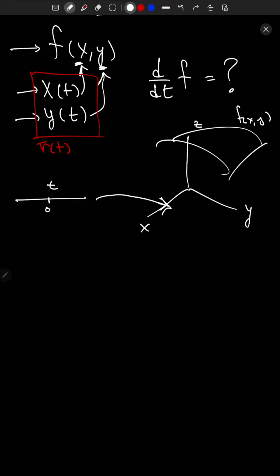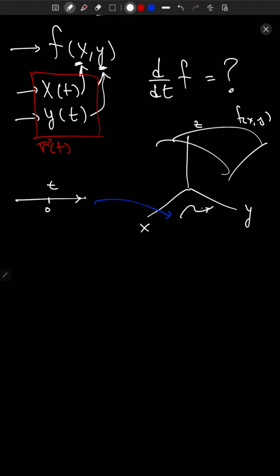That maps to something that defines motion in the plane. So maybe something like this. If I go in the t positive direction like that, maybe I'm going in the t positive direction there.